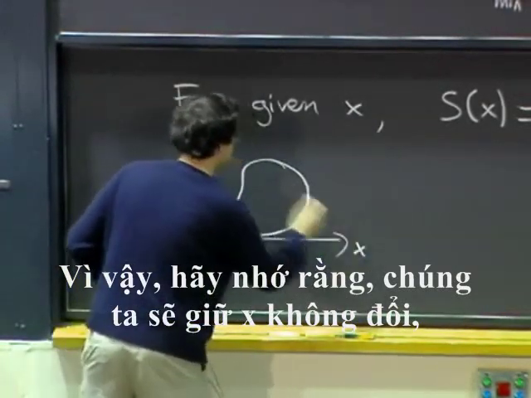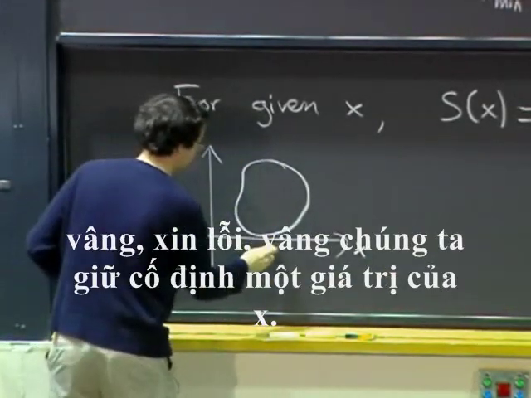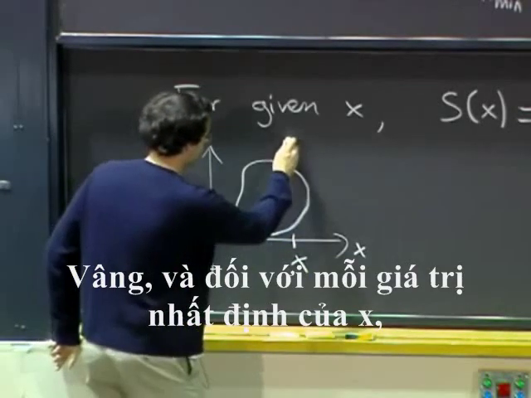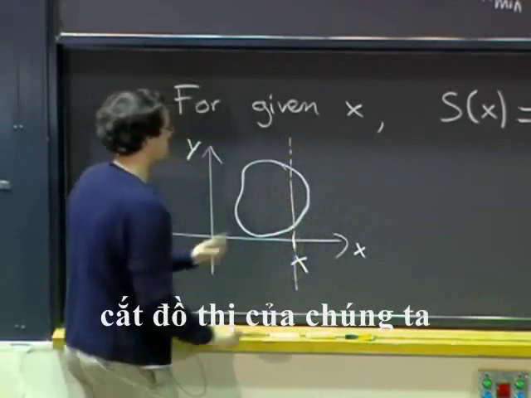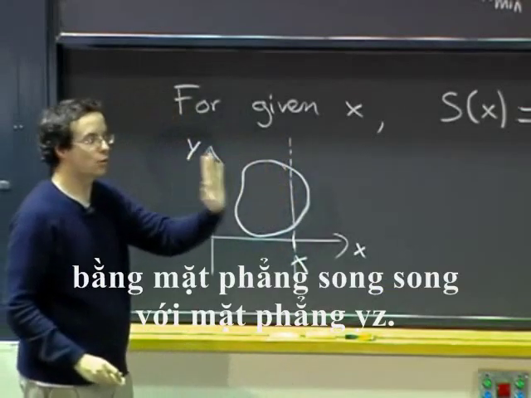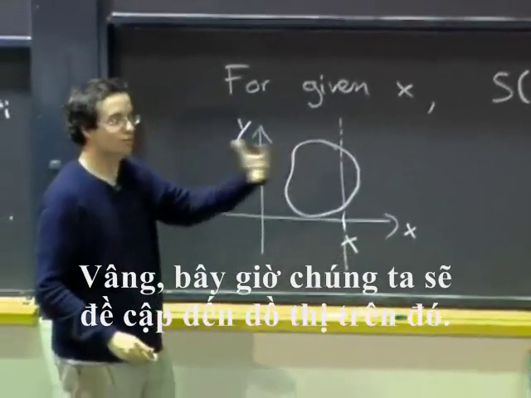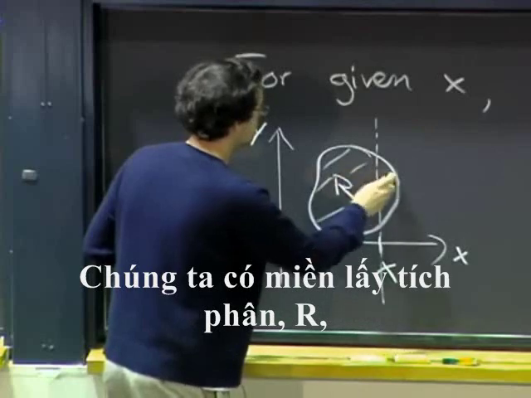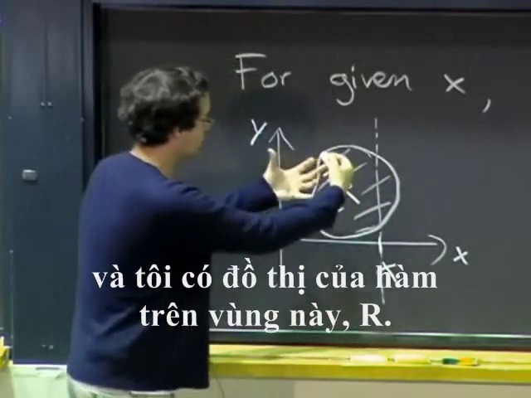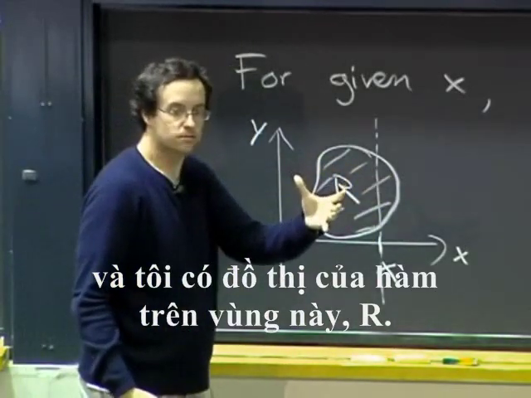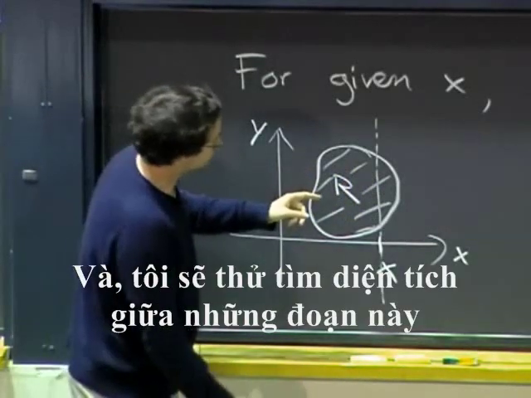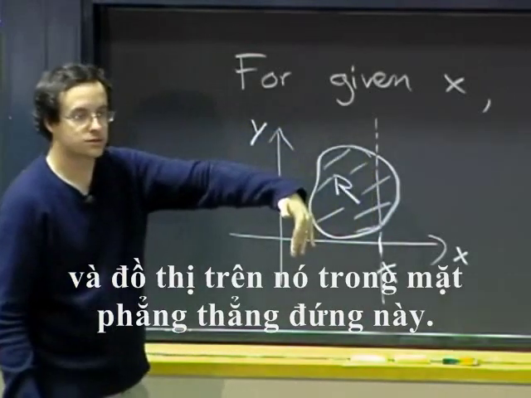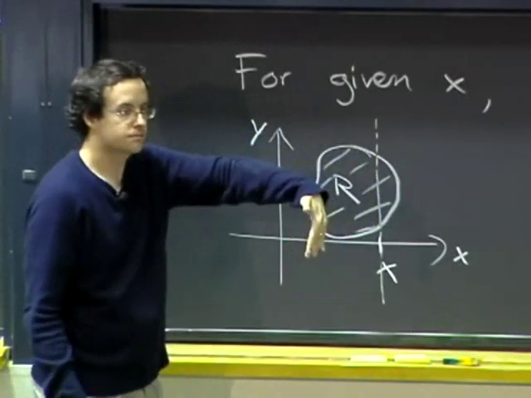So remember, we fix a value of x. For a given value of x, we'll slice our graph by this plane parallel to the YZ plane. Now imagine the graph is sitting above that. And that's the region R. I have the region R, and I have the graph of a function above this region R. I'm trying to find the area between this segment and the graph above it in this vertical plane.